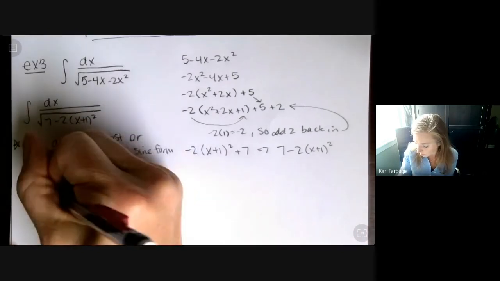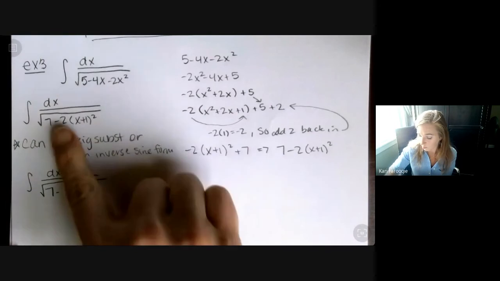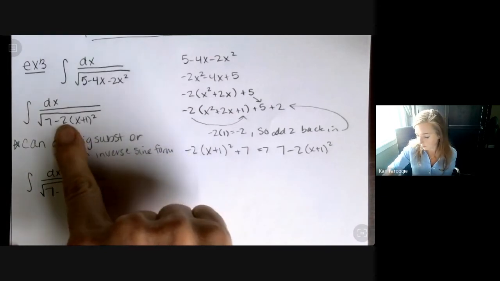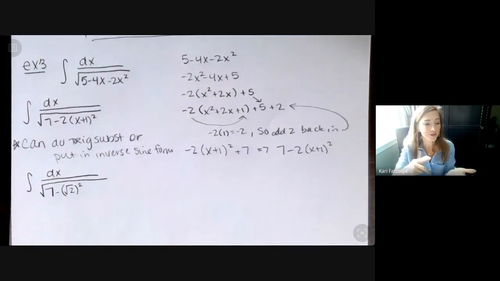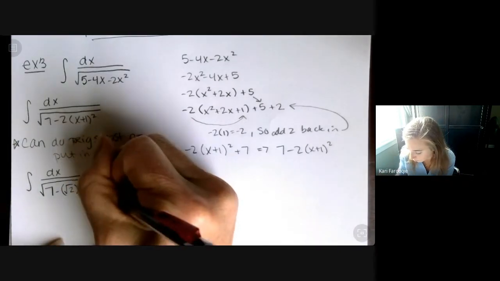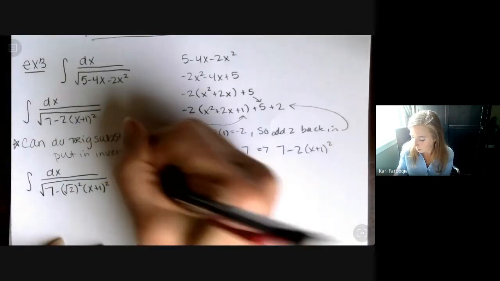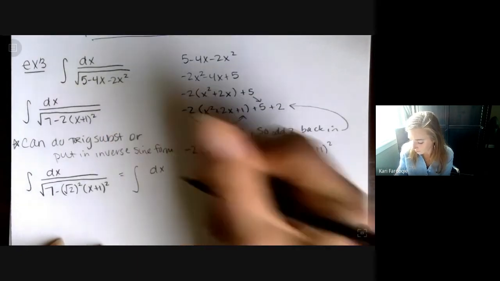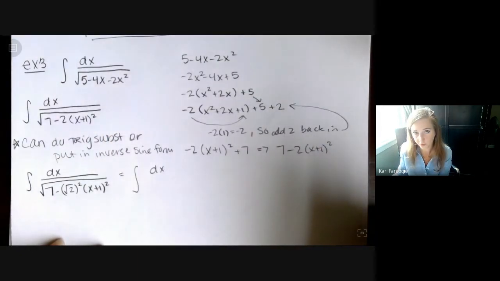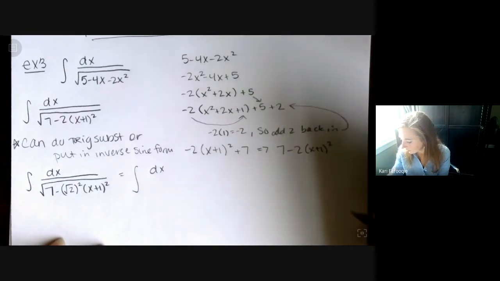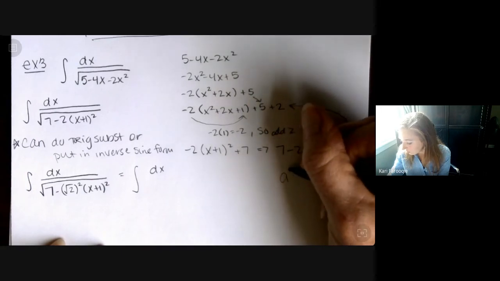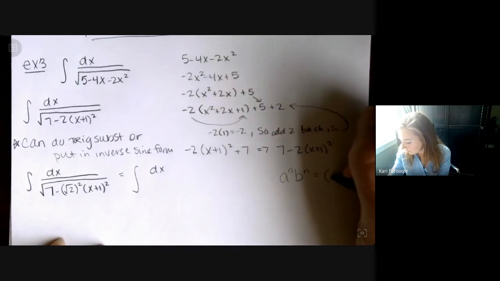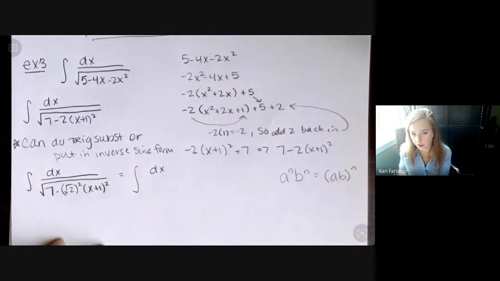The 7 is going to stay right where it is. And if I want to make 2 a square, I'm going to take the square root of it and then square it. I haven't changed it now. The square root of 2 squared is 2. And then you'll have x plus 1 squared. And then you can use that property that says a to the n, b to the n is ab to the n.